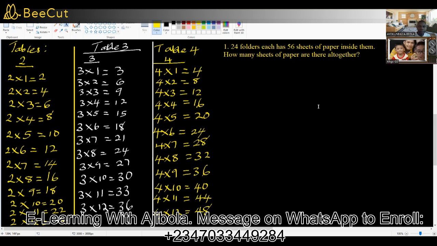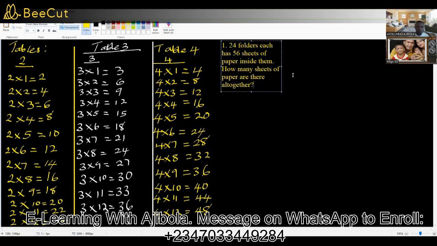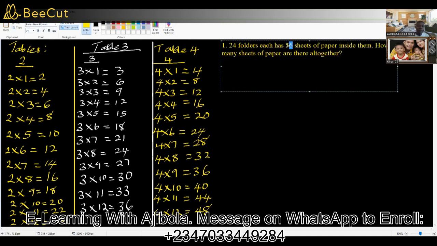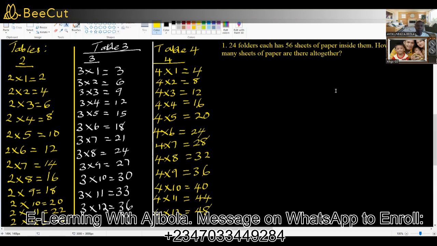Each has 56 sheets of paper inside them. How many sheets of paper are there altogether? Now, hold on. I'm going to reframe this question to suit what we have on the board. Okay, I think we're good with it.